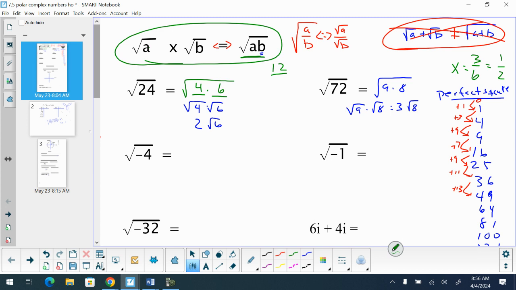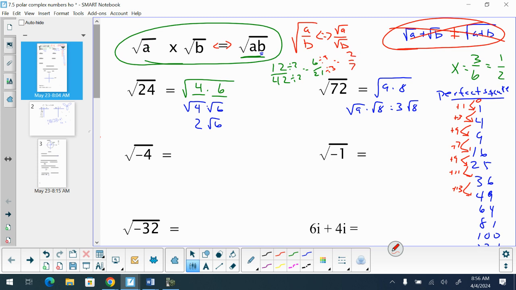That'd be like saying 12 over 42. I take 2 out of top and bottom and give me 6 over 21. But we're not fully simplified because we can still divide by 3 to give me the value of 2 over 7.